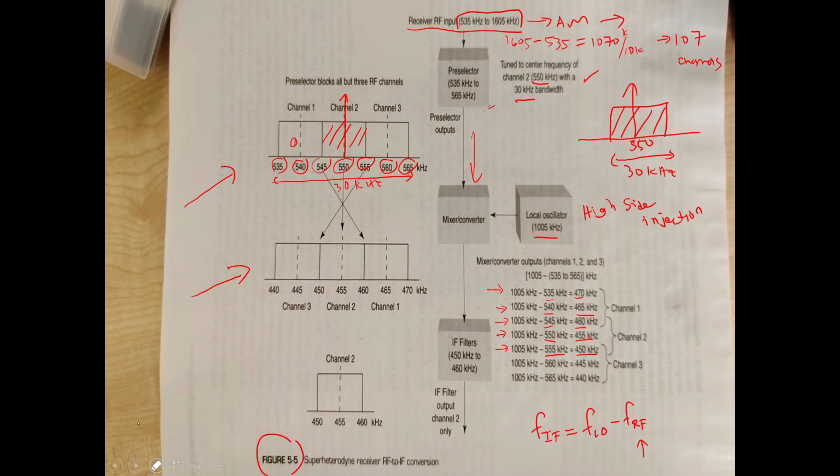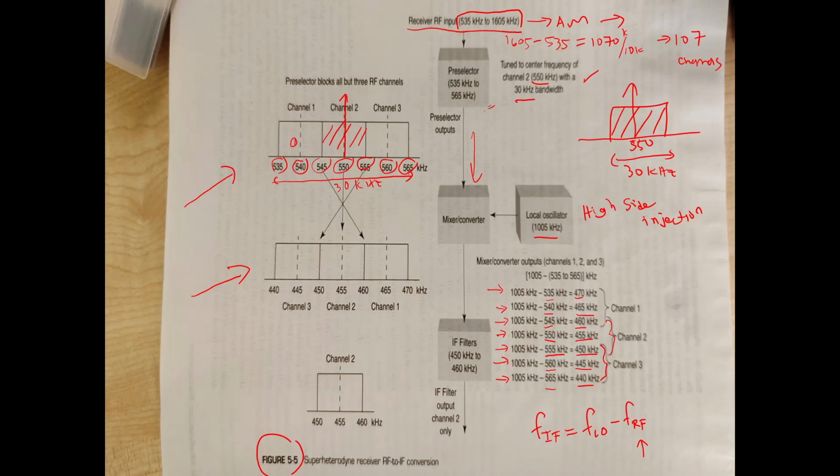Then 1005 kilohertz minus 560, we get 445 kilohertz, and then 1005 kilohertz minus 565 kilohertz, we get 440 kilohertz, and this is the frequency range for channel 3.